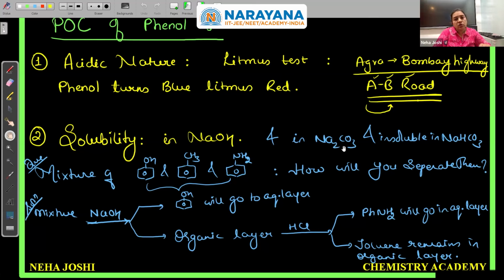Like Na2CO3, you should know the second dissociation constant of H2CO3. Anything having a Ka greater than that will give this reaction. For NaHCO3 displacement, the acid we want to check should have a Ka greater than the first dissociation constant of H2CO3. That is the key. There is no such order.